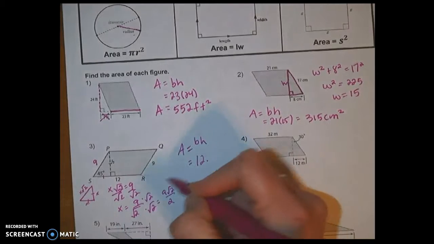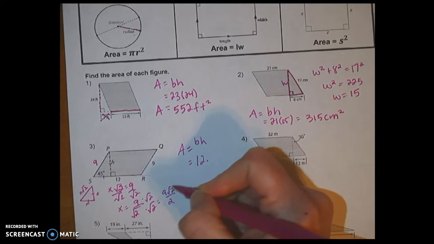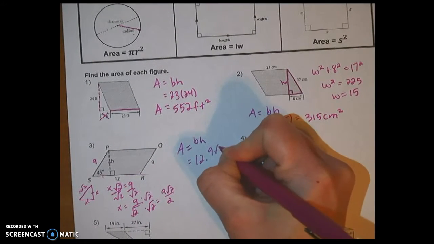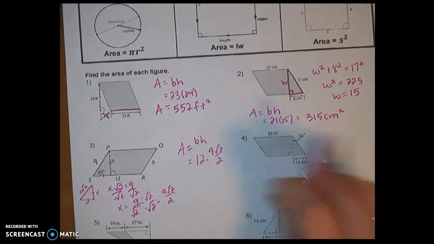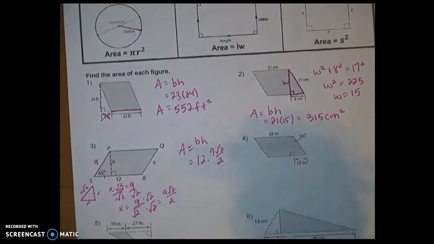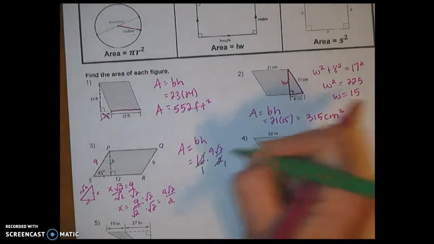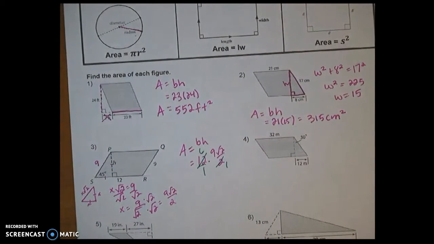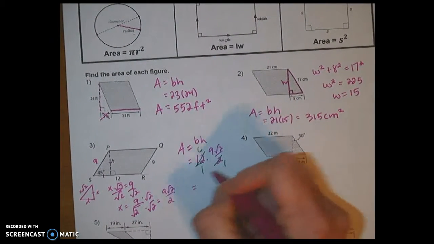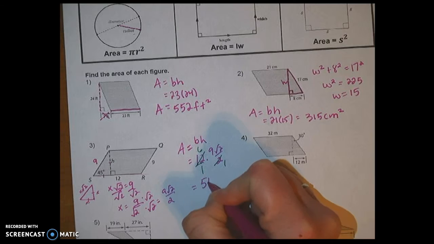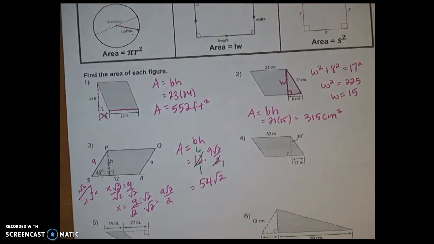And the height is this 9 square root of 2 over 2. I am going to simplify that. Remember, 12 is like 12 over 1. 2 goes into itself once, 2 goes into 12 6 times, and when we multiply, we get the exact area as 54 square root of 2.